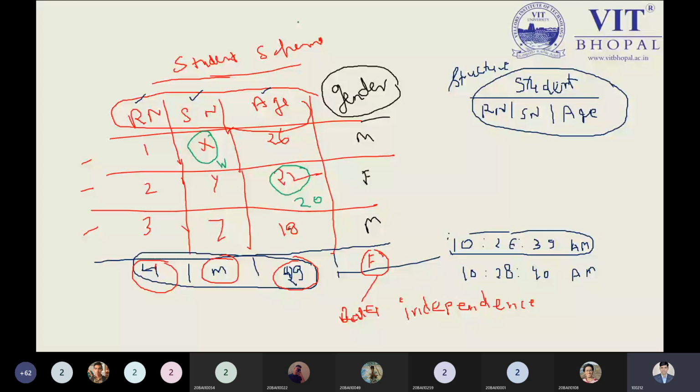If I'm making some amendment to my logical structure, see the last point: in the student gender, I forgot to write it correctly. Mistakenly, I typed female, but the student is male. So if I make any amendment over here, my gender column will not be affected, and the column name will not be changed. It will stay as gender.